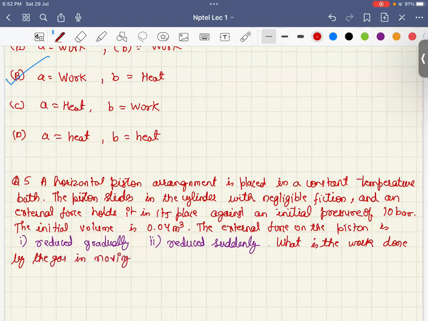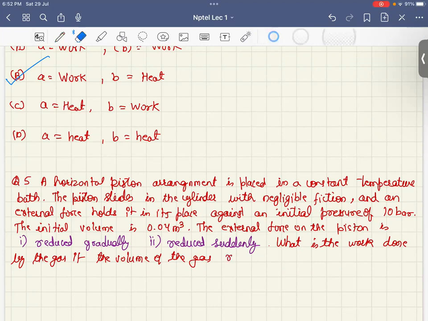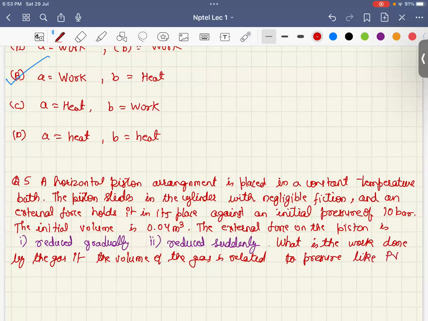in moving. So by the gas, the volume of the gas is related to pressure like this, P into V is constant.